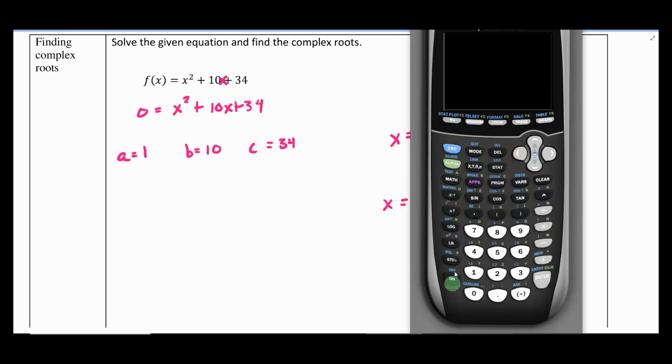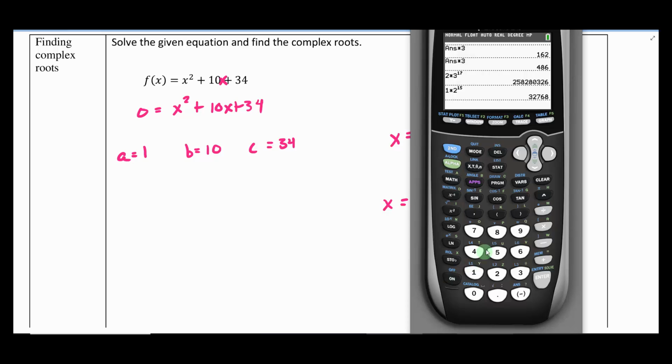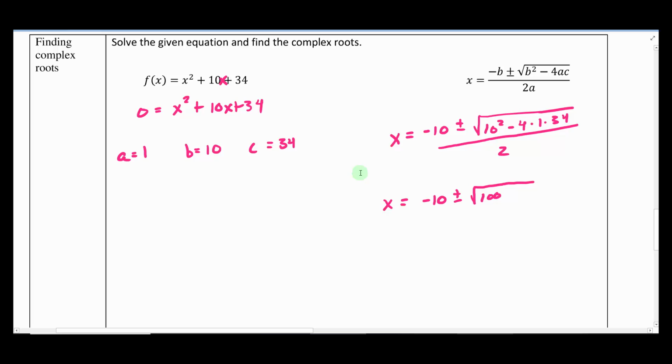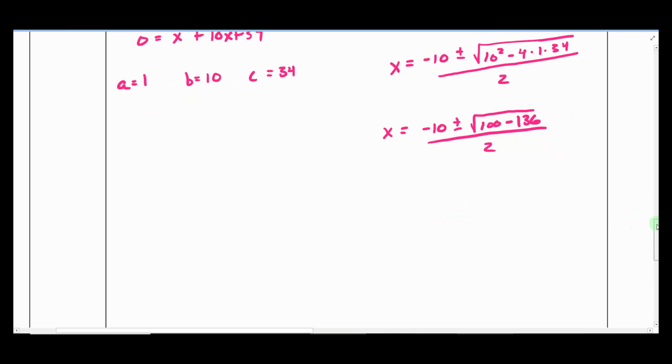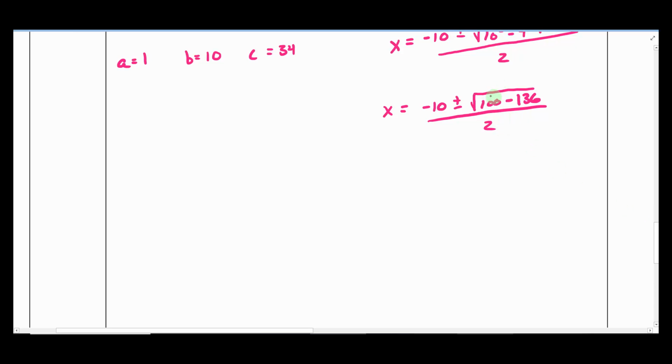Let's see what we get here. 4 times 1 times 34. And you can use whatever calculator you like. So we got 136. So we got minus 136 all over 2. There we go. Looking a little bit easier now.